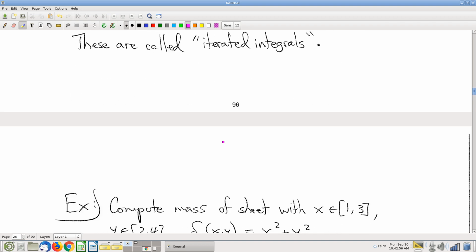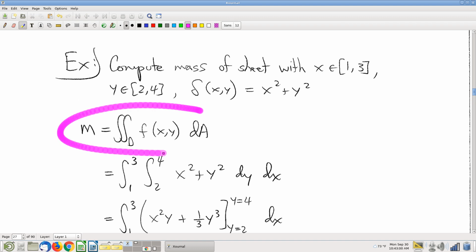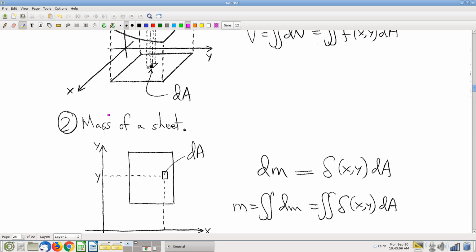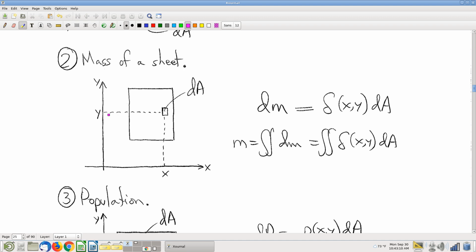Let's look at the very first step that we take here, right? I rewrite mass as a double integral. How can I do that? I can do that because the premise of this question is that we have some sort of density given as a function of position. Right?